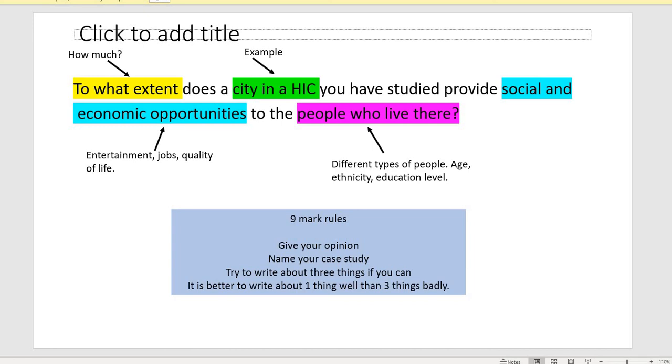Okay, if you need to look back at mine to help you, then please obviously do, but try to do it without and just have a go at putting into that structure, okay? You could also write about slightly different things. You could write about the jobs in media rather than the jobs in technology. It's up to you, but give it a go.